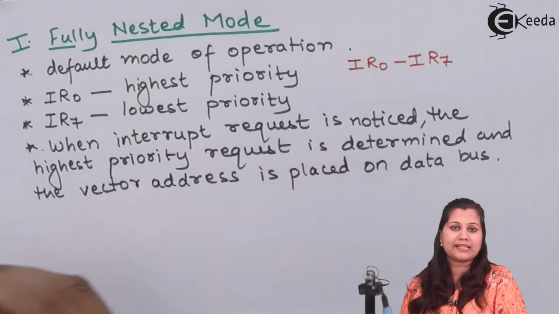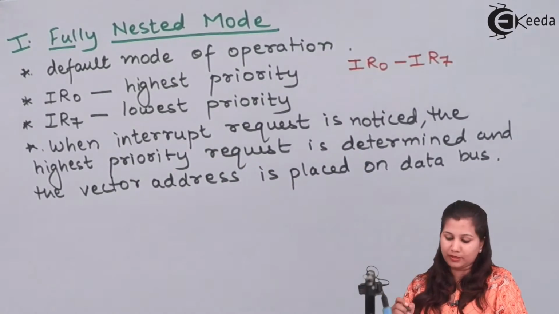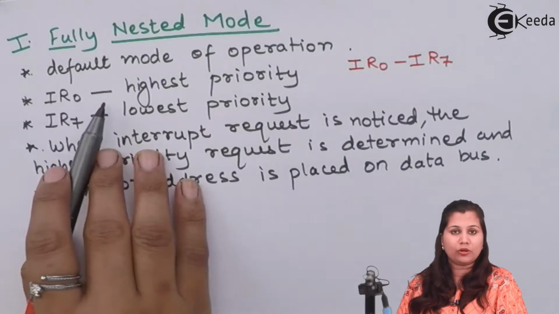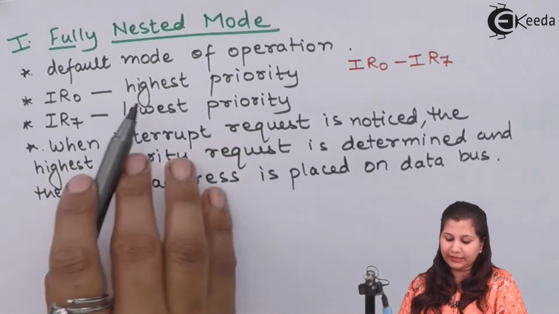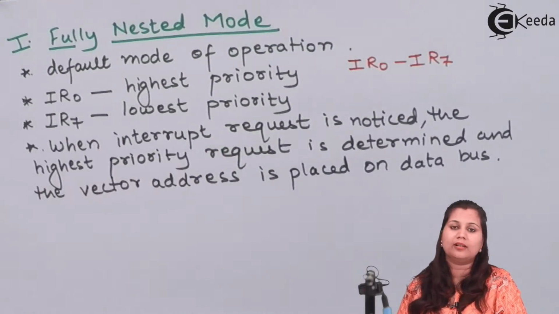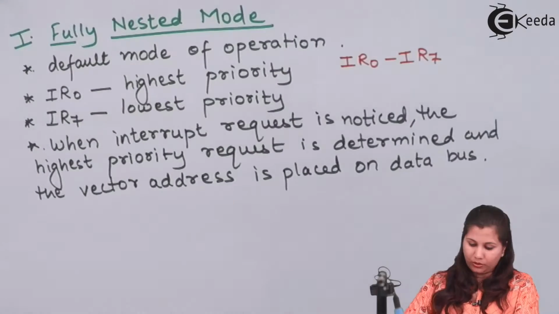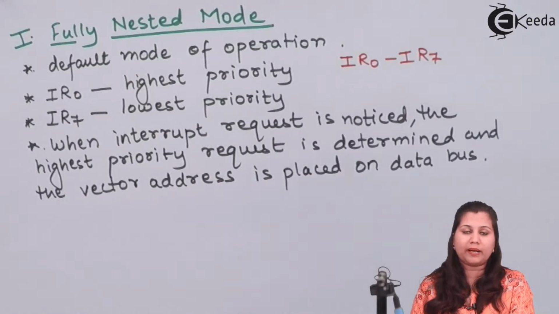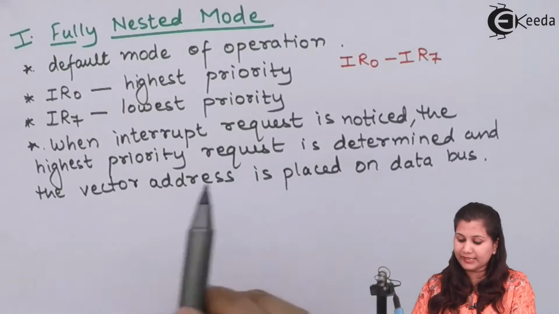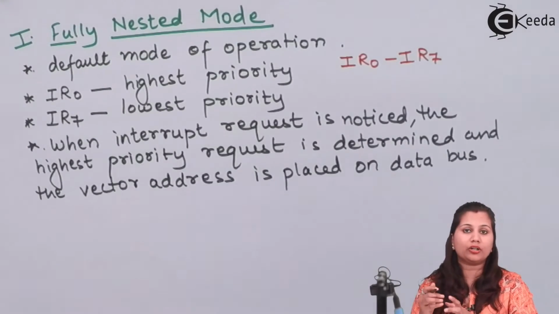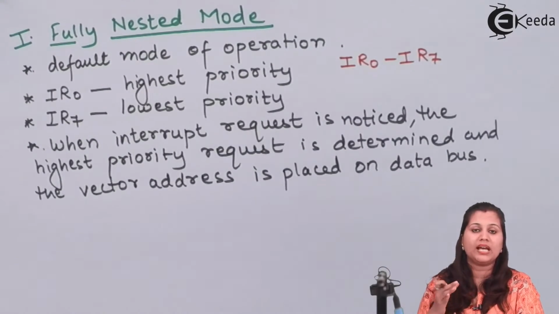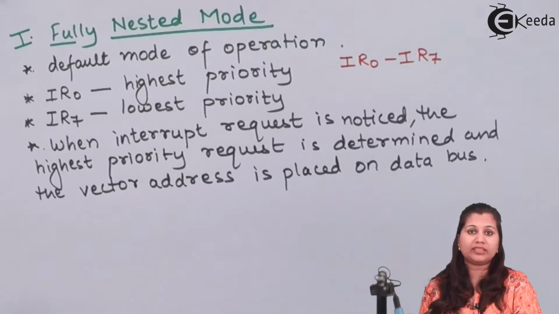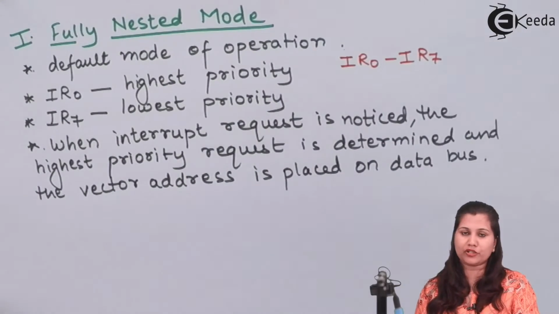It is decided by setting the priority of the interrupts. In this mode, IR0 is assigned the highest priority and IR7 the lowest priority. So when 2 or 3 interrupt requests are noticed by the 8259, the request with the highest priority will be acknowledged first.